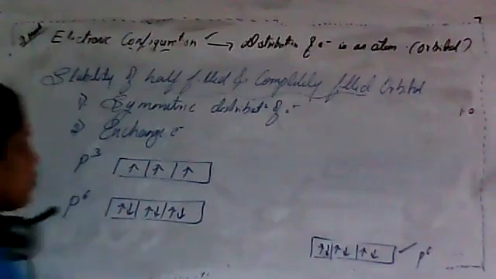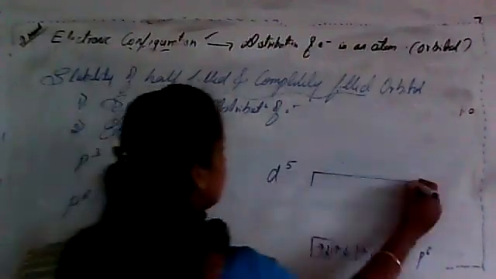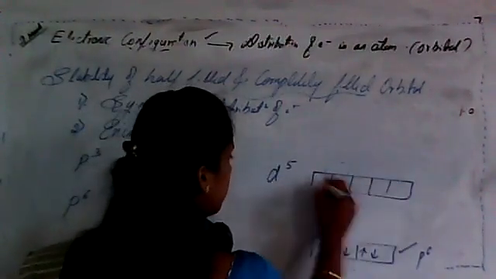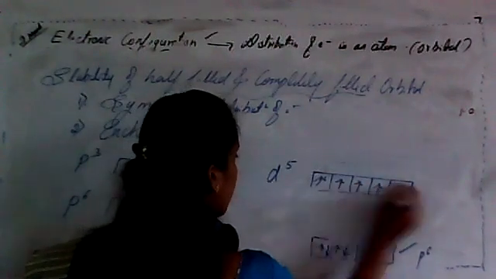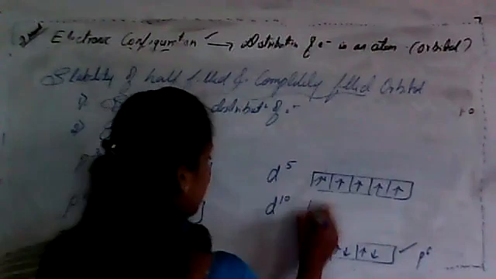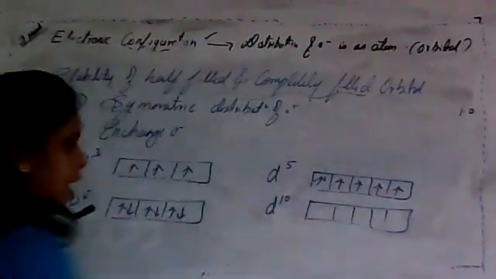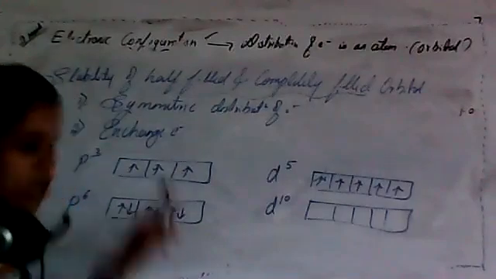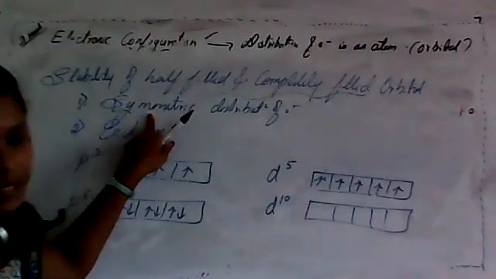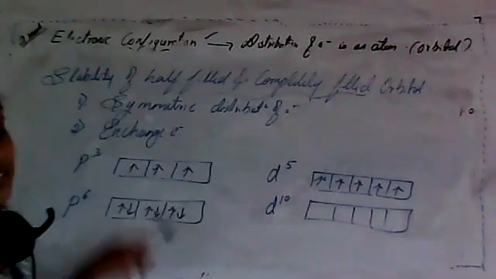If we consider d orbital, d5 is again symmetric, because all 5 electrons are singly filled. If we consider d10, again it is highly stable. That means in nature, everything needs stability, but the stability is attained when it forms symmetric distribution.